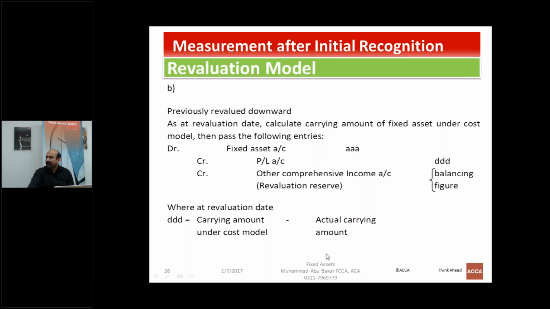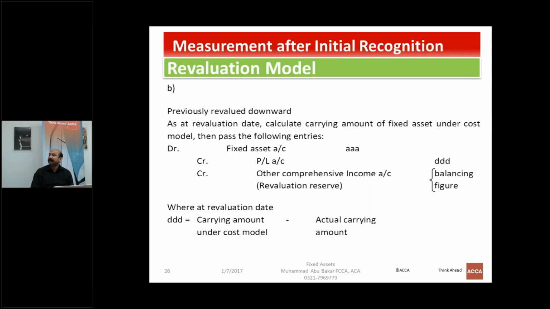The cost model amount is simply what could have been the value of this asset if it were accounted for using the cost model. So you will reach this figure, and the net of these two figures will give you the DDD.